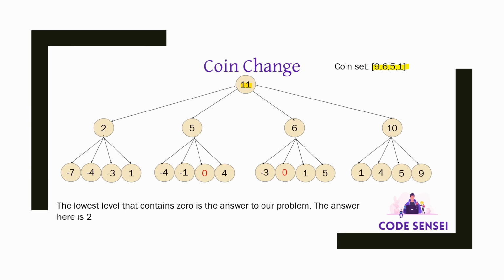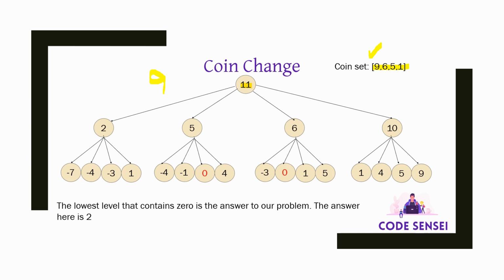For example, we have to consider if we can take the coin 9. So if you take the coin 9, the remaining amount that you have to fill is 2. That is 11 minus 9 is 2, right?